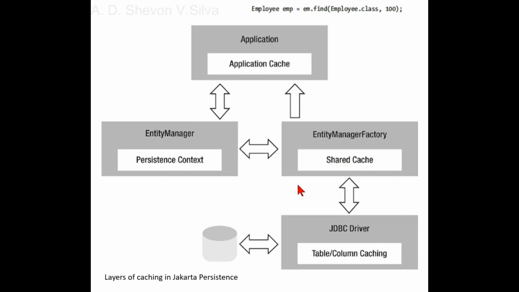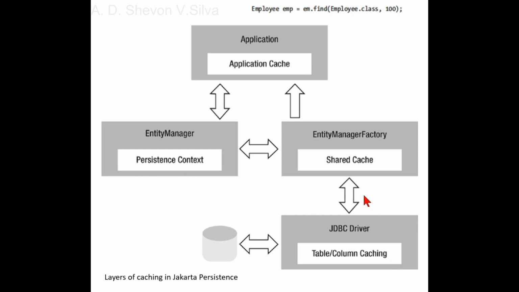And if it is not in the shared cache, then an SQL query is generated to select the entity from the database. The JDBC driver may have some data cache, so it could short circuit the select clause and return at least part of the needed data. The resulting query data is then composed into an object and passed back.